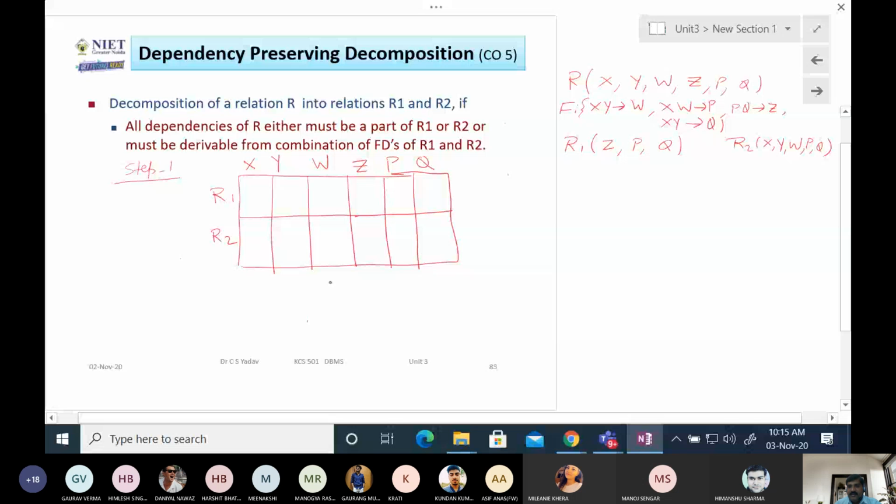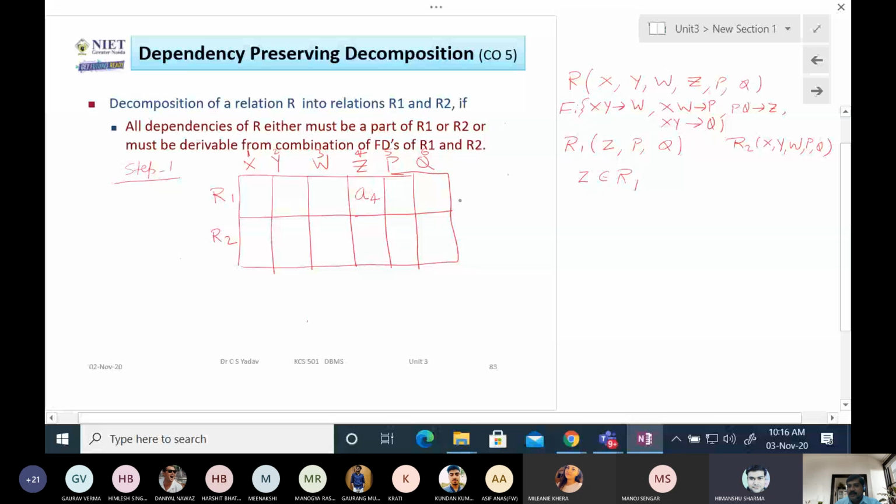So here see Z belongs to R1, and suppose this is column 1, 2, 3, 4, 5 and 6. Then Z belongs to column number 4. So this cell is initialized with A4. So this cell Mij is initialized with Aj. Did you get it?